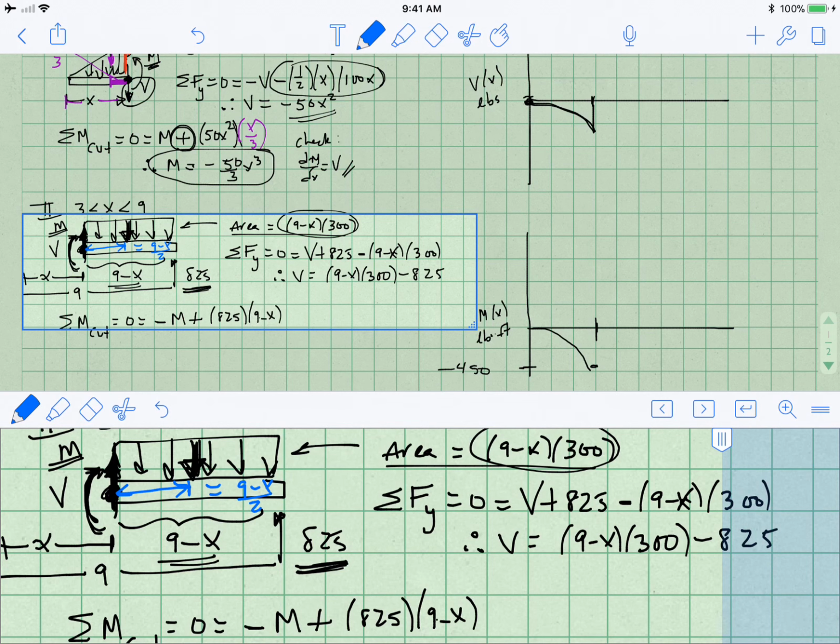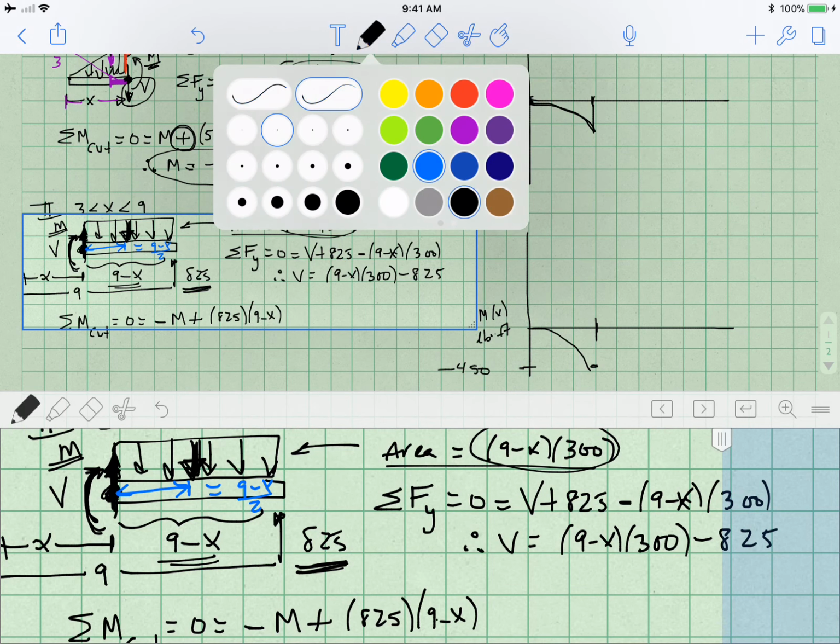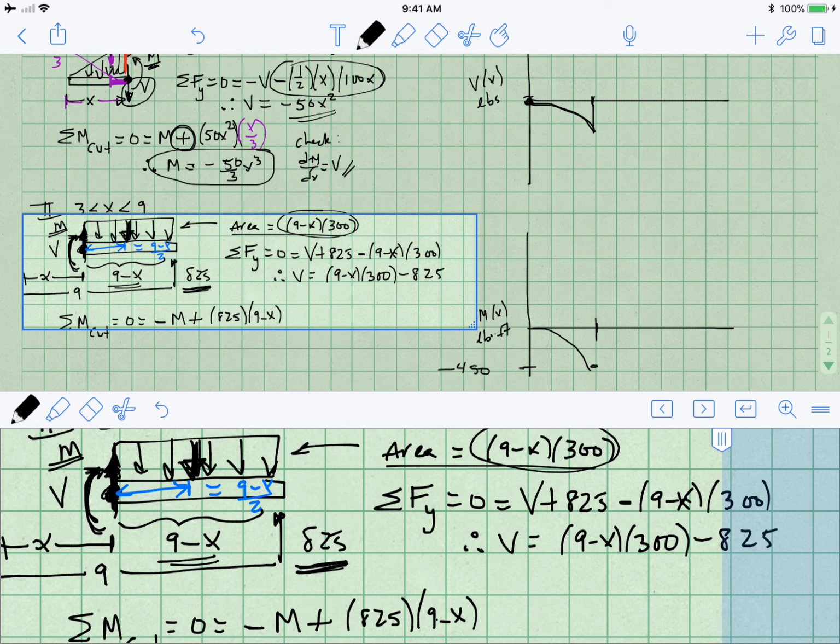So relative to the moment equation that I'm drawing, what I'm saying is that this distributed load may be thought of as a single point force of this value at 9 minus x over 2. So I have the force, which is 9 minus x times 300.